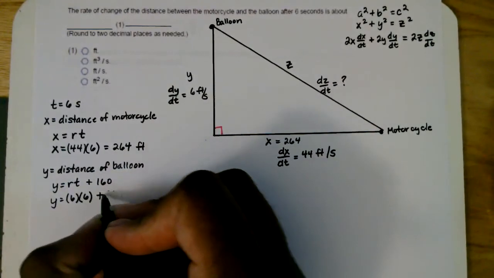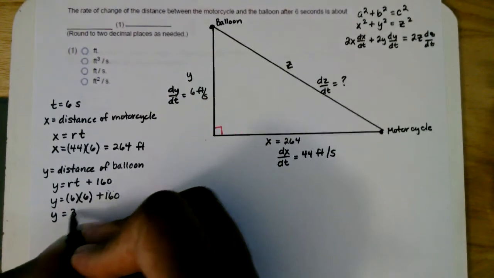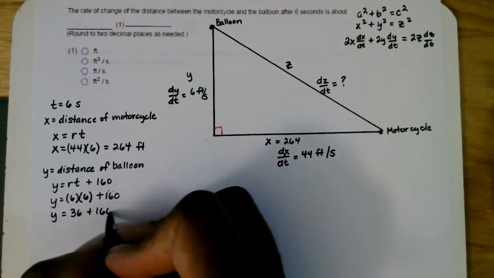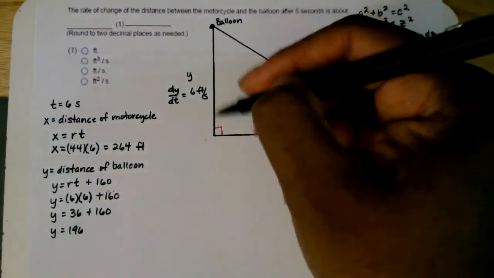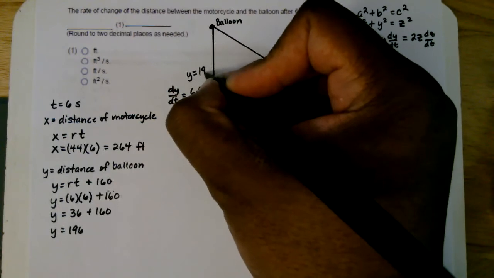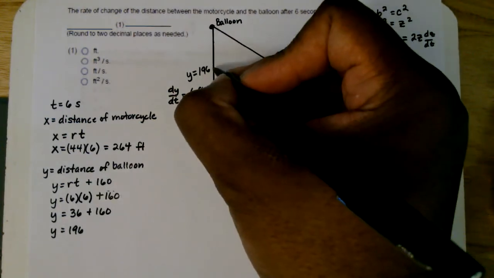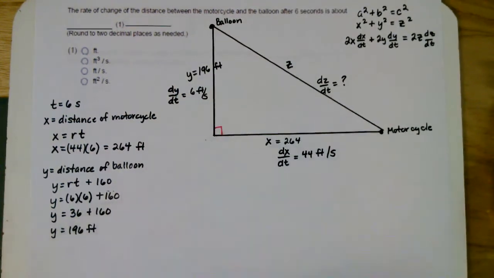And then we add 160 to it. So this will be 36 plus 160, which makes that 196. So the height of that balloon 6 seconds later, that's 196 feet.